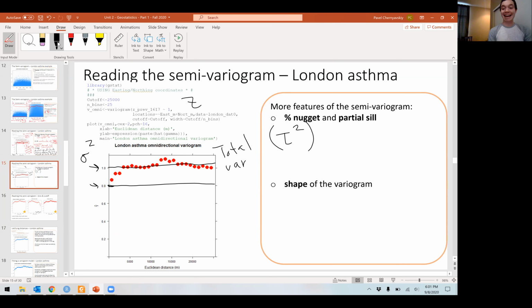So if the total variance is 1, and again, we're dealing with a z-score, and the non-spatial variance is 0.8, we can say that 80% of total variance in asthma prevalence is non-spatial.